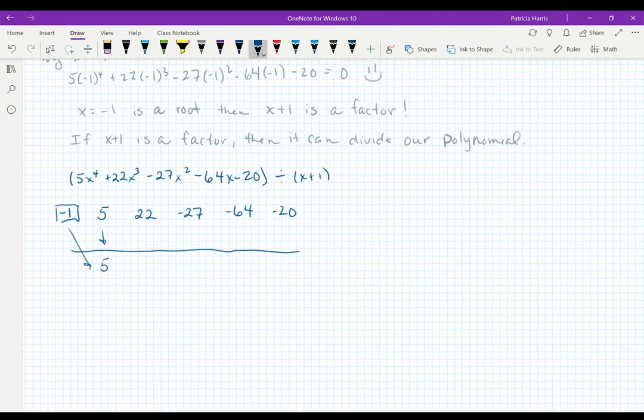Now we're going to multiply and bring it back up. Remember that pattern: you multiply and bring it back up.